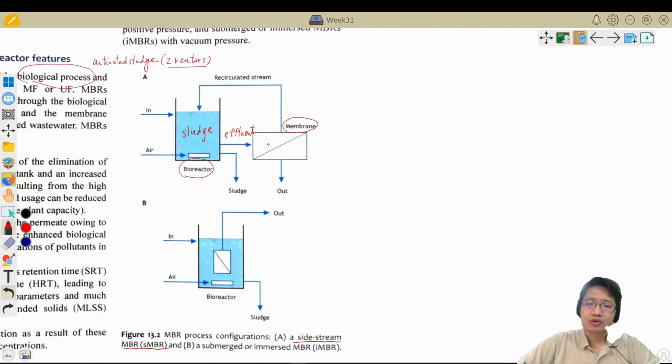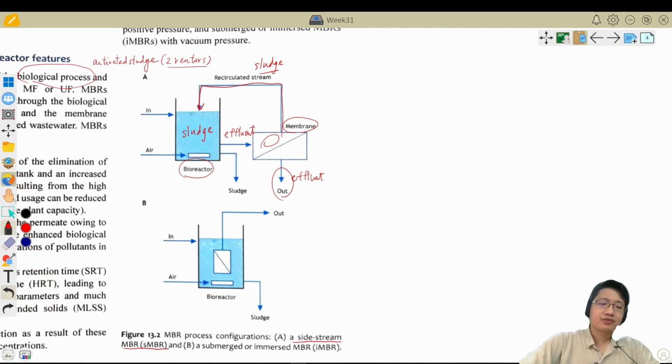So the sludge will be accumulated here, and the effluent will come out passing through your membrane, and the concentrated sludge will flow back to your system. So this is for the sludge returning.